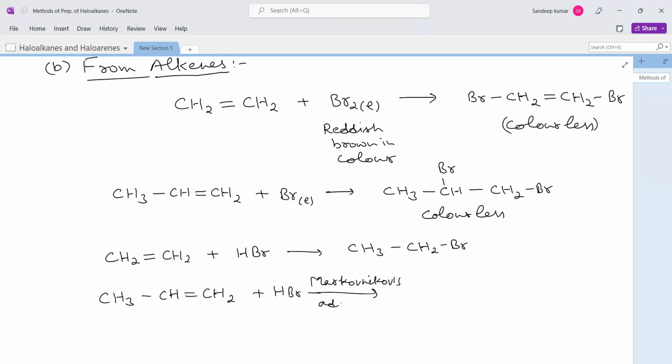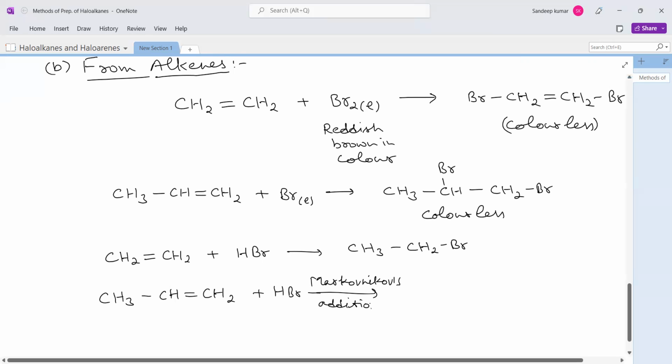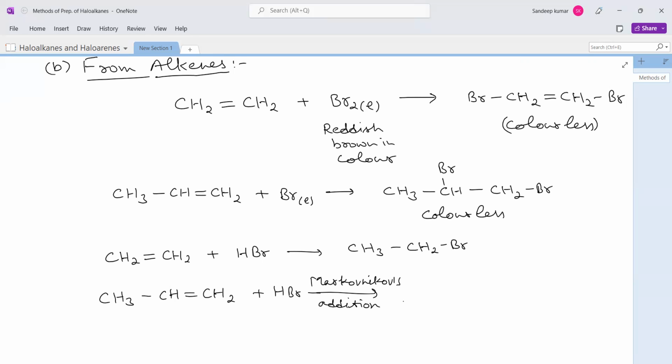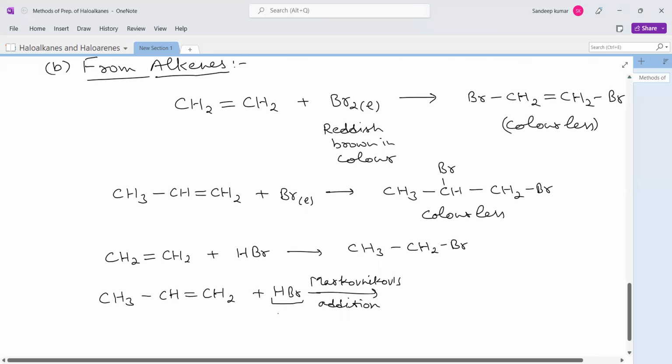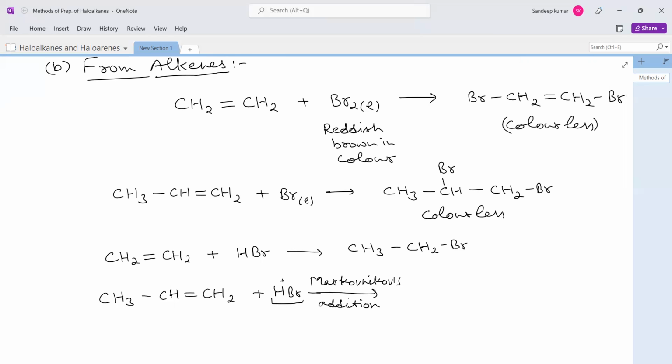Markovnikov's addition or Markovnikov's rule. What does this rule suggest? It tells us that whenever we add a reagent to an unsymmetrical alkene, we have two parts in it, one positive and the other negative. Then the negative part of the reagent gets attached to the carbon having the lesser number of hydrogen atoms.